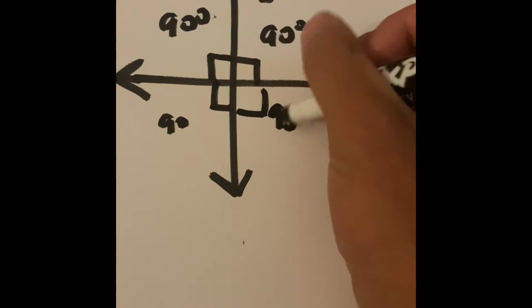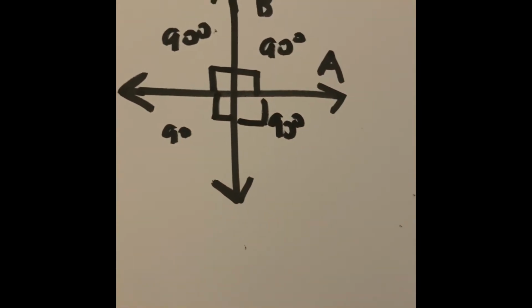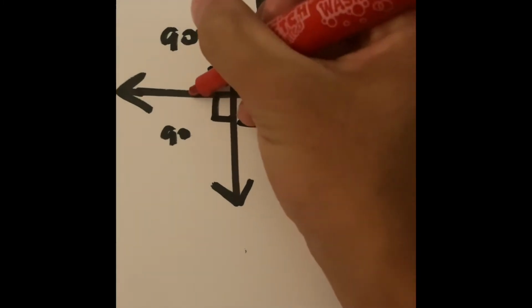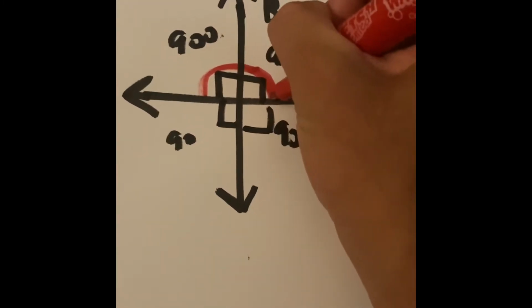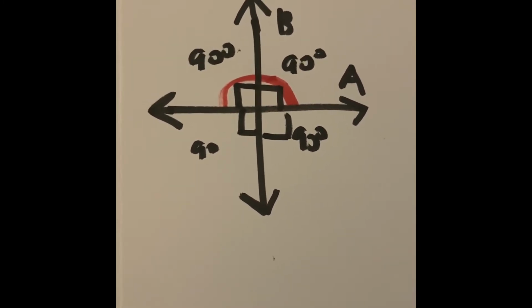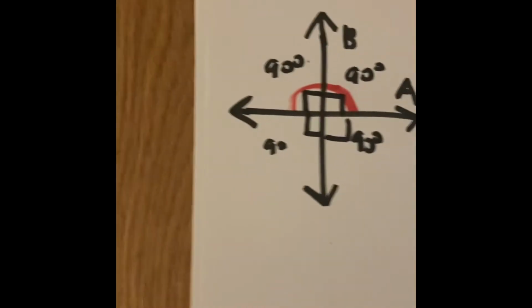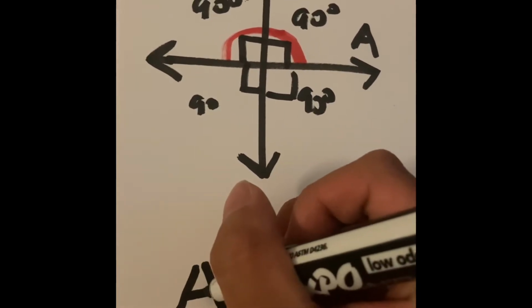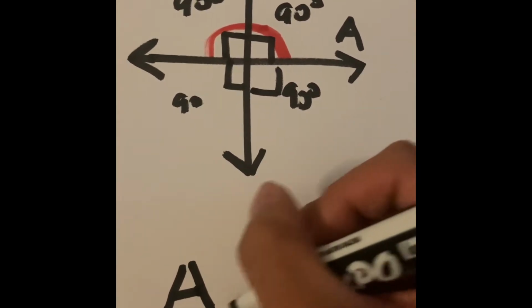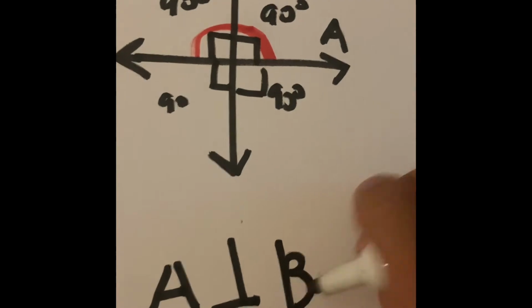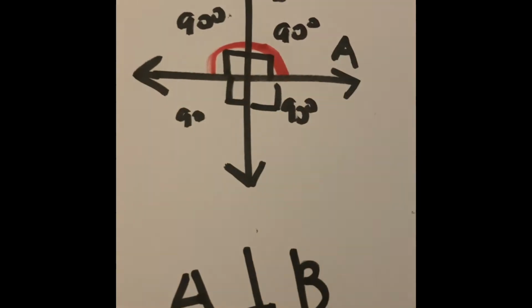But what we're going to focus on in today's video is the top ones right around here, which equal 180. Using the symbol, we can say that line A is perpendicular to line B, which both make 90 degrees.